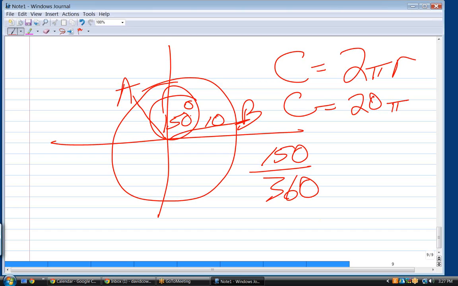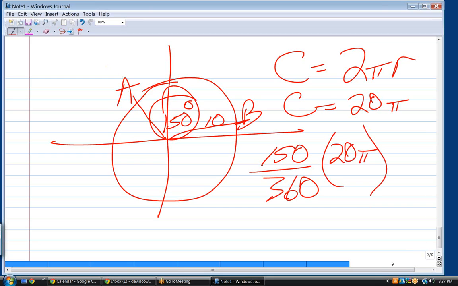Notice that if this was 180, it would be half of the circle. If it's 90, it's a quarter of the circle. If it's 150, it's whatever that ratio is. And then times what? Times 20 pi, the circumference of the whole circle.